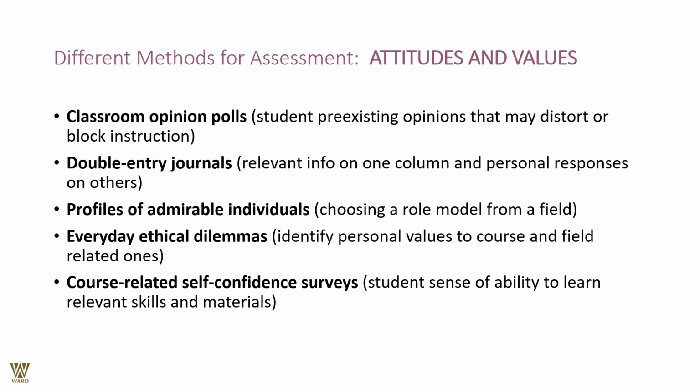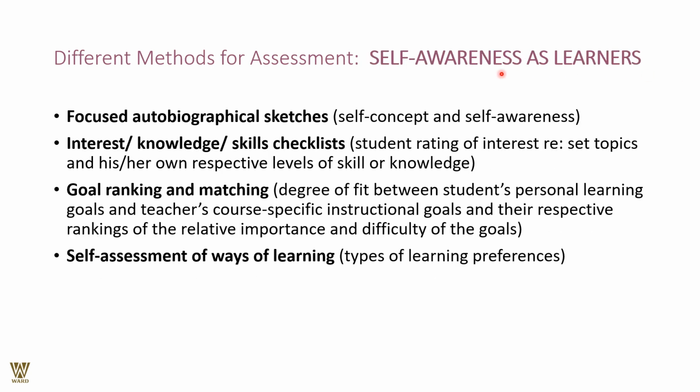Course-related self-confidence surveys, the student's sense of ability to learn relevant skills and materials. So yes, we are talking about attitudes and values: classroom opinion polls, double-entry journals, profiles of admirable individuals, everyday ethical dilemmas, and course-related self-confidence surveys.